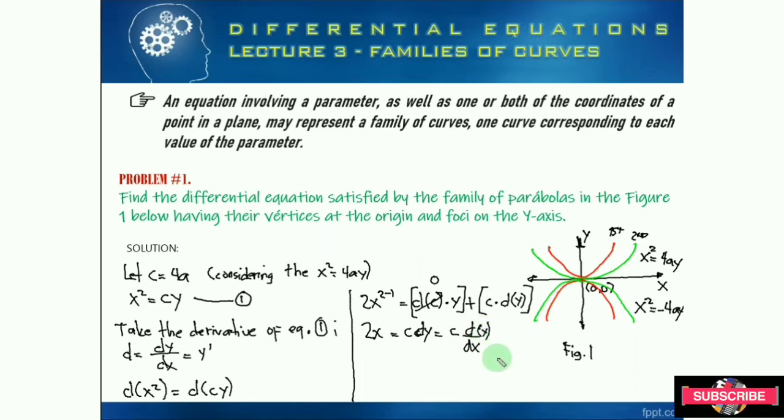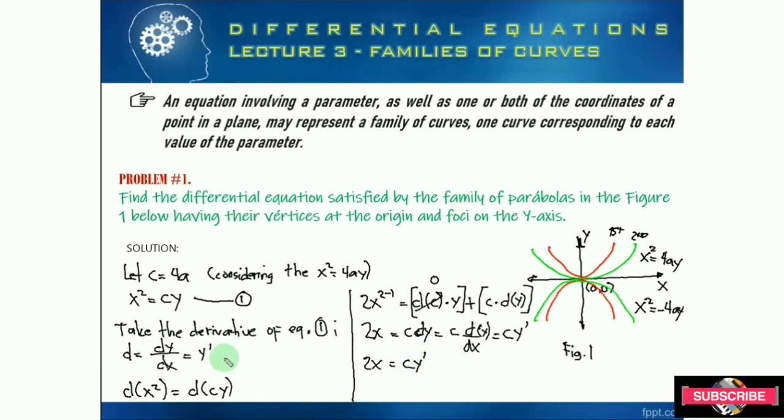Okay, meaning the derivative of your y means that it is the derivative with respect to x of your variable y. You can also write in this form, and then this is simply equal also to this y prime. So that is why c times y prime. So simplifying, 2x is simply equal now to c times y prime.